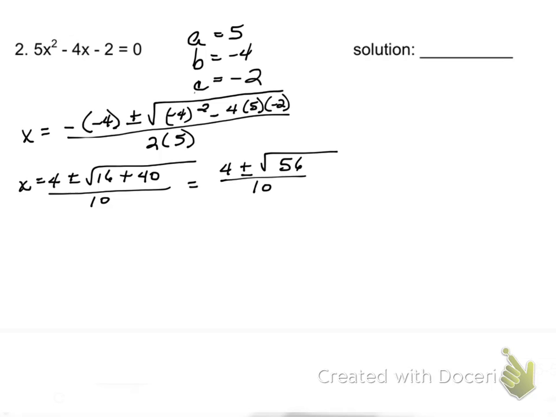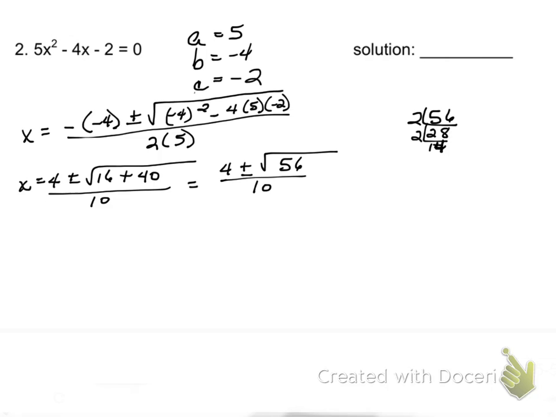Well, I can't take a nice even square root of that 56. So let's do our prime factorization. We're going to have to simplify under the radical, like we had some practice doing in 5-4. So that'll be 2 times 28, and that'll be 2 and 14.